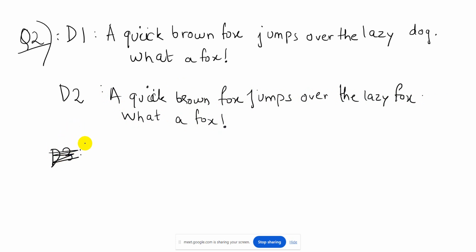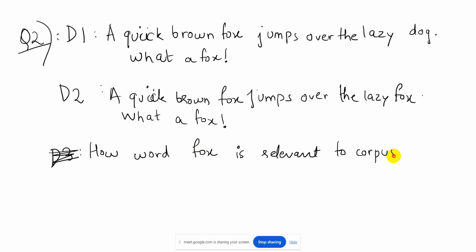Sorry, and the question goes like, how is the word fox relevant to the corpus D documents? So what is the question asking?